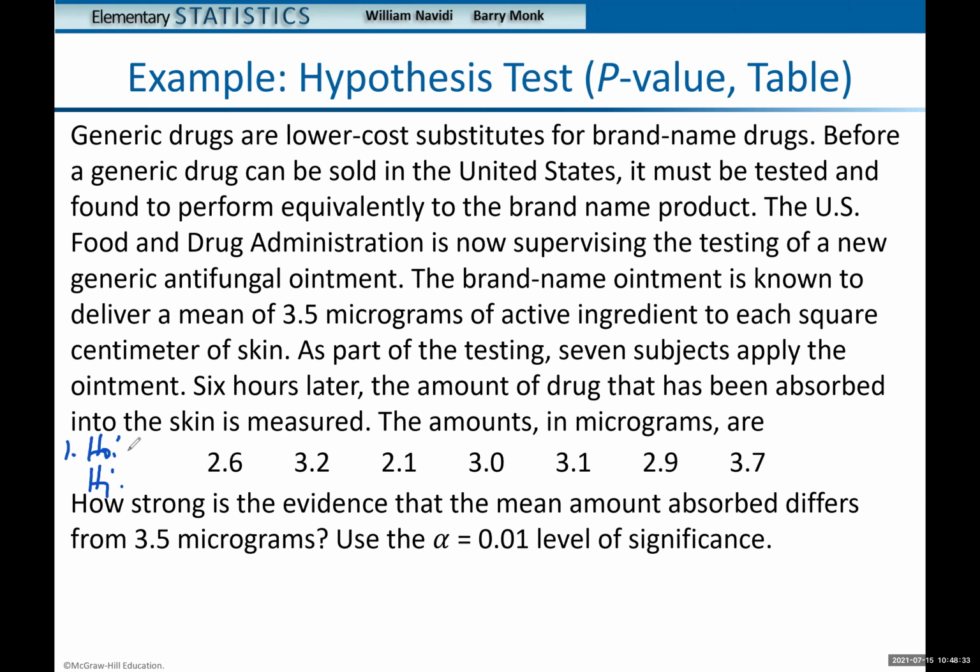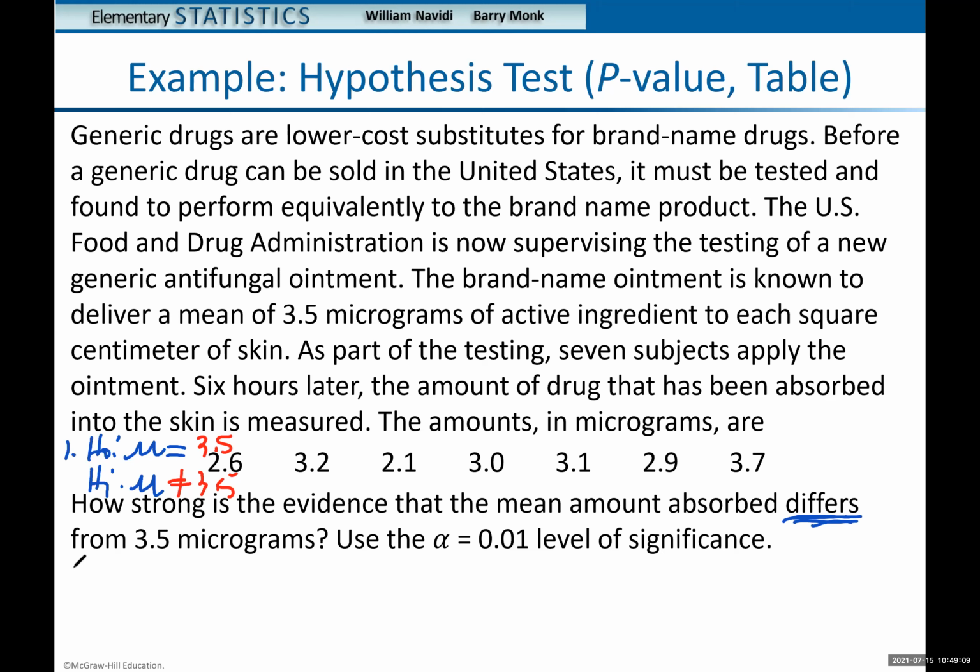It says mean, so that's why you have to use mu equals automatic for H0. And how about H1? What do you think is H1? Not equal to 3.5. Why? Because it uses the word differs. Very good. So differs is not equal to, and we use here 3.5. So you have to use that 3.5 for H0 and H1.